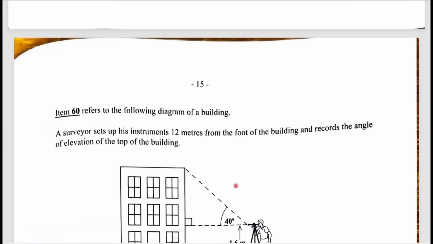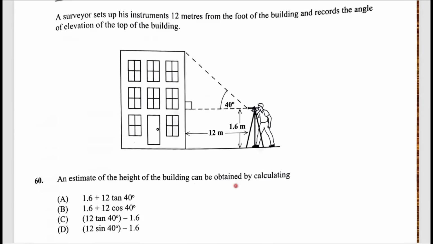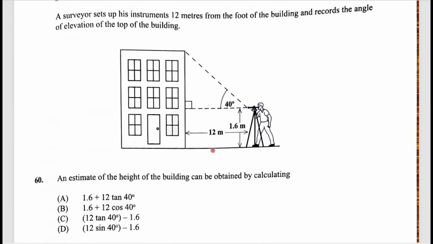Last one. I'm fed up doing this question with the surveyor. What's the height of the building? What I need to do is get this distance and then just add it to 1.6. To get its height, let's say I call this y for now.